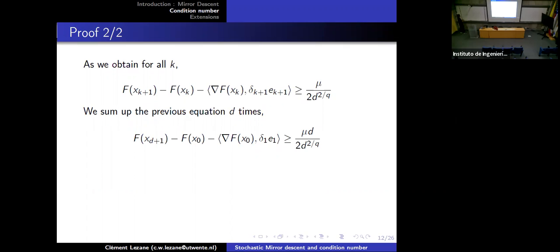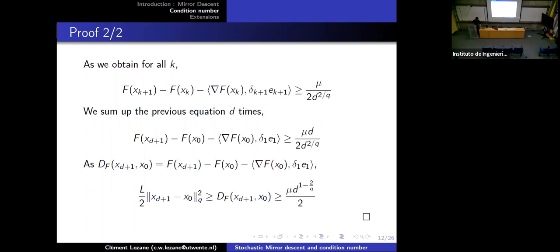Right. So then we have this term from the distance term, and we also remind that the function has to be L-smooth, which means that this term is also going to be smaller than L/2 times the distance between x_{t+1} and x_0, right?